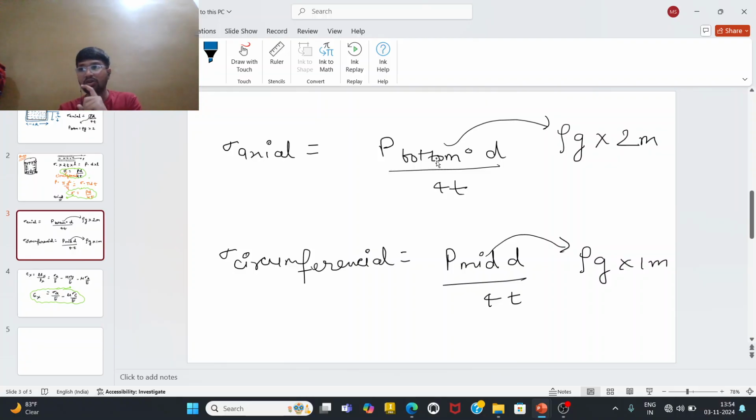The height of the water is 2 meters, so at the bottom the pressure will be rho g into 2 meters. By using this you can find the axial stress.